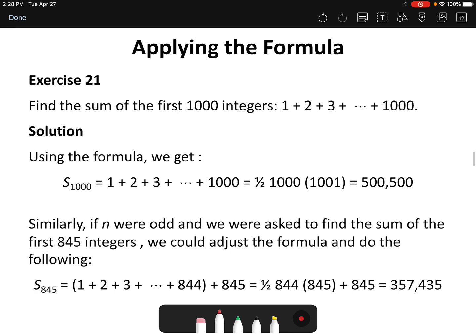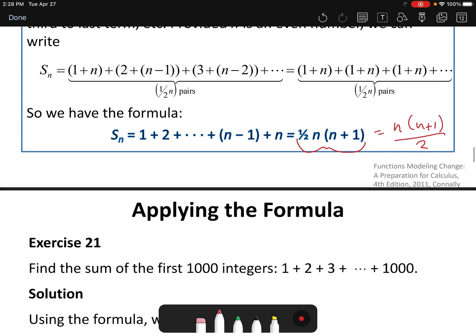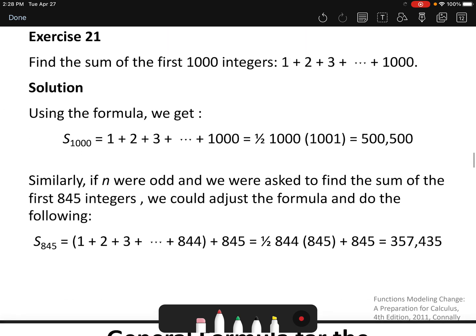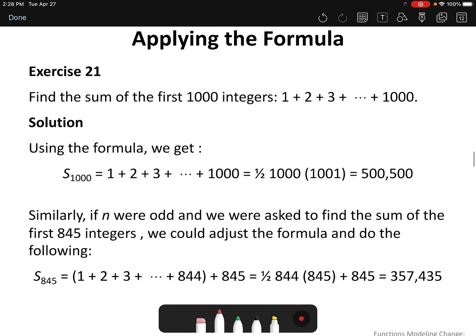So if you sum the first 1,000 integers, it's 1,000 times 1,001 divided by 2. And so it's 500,500.